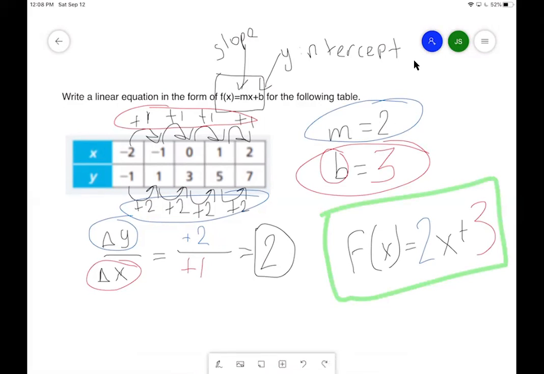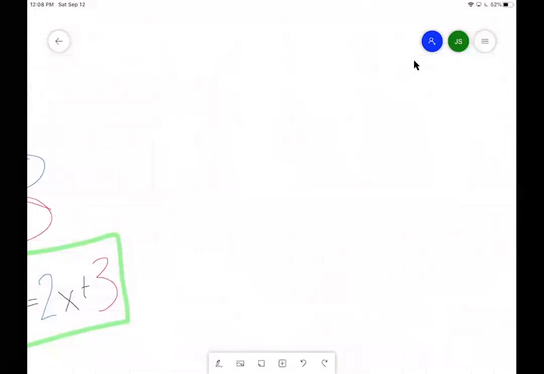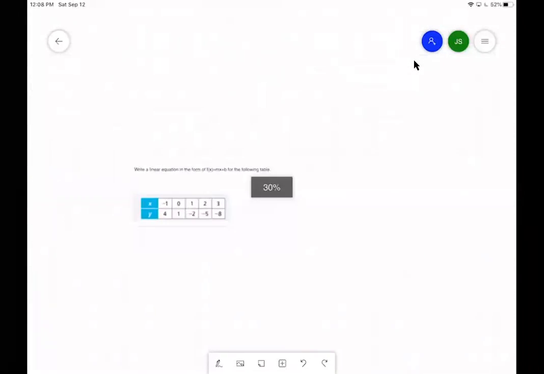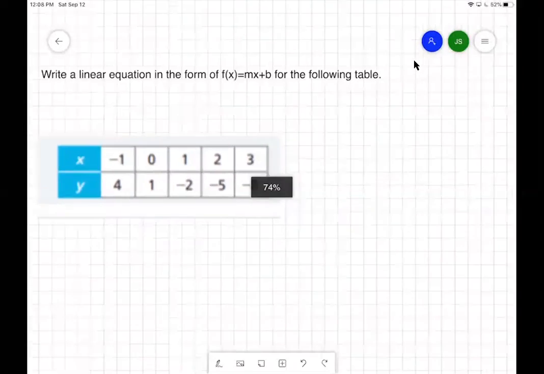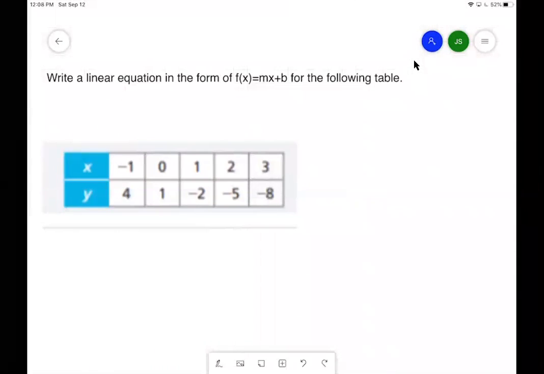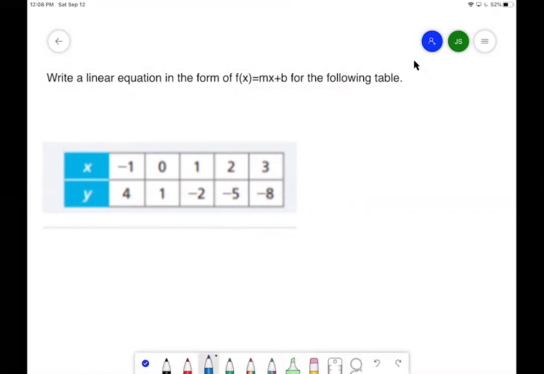I'm going to show you one more example. If you want to, at this point, you can pause the video so you can try to do it on your own as well and check to see if you're able to get it. So again, we need to find out what m is, what the slope is, and we need to figure out what the y-intercept is.